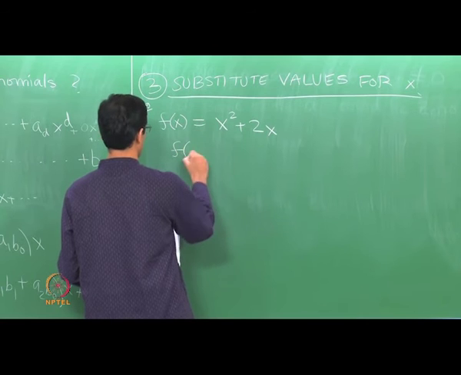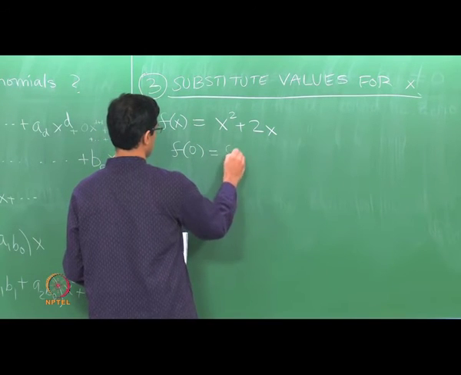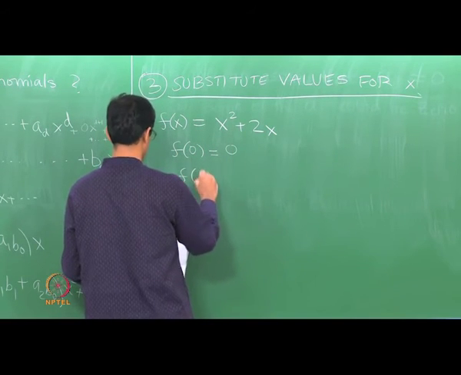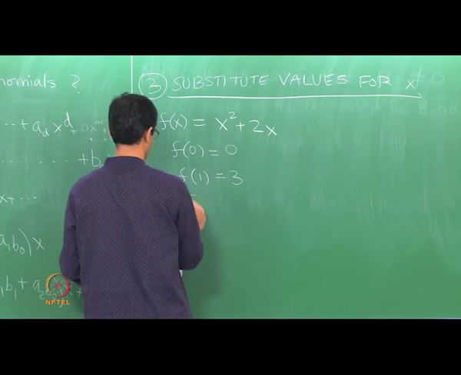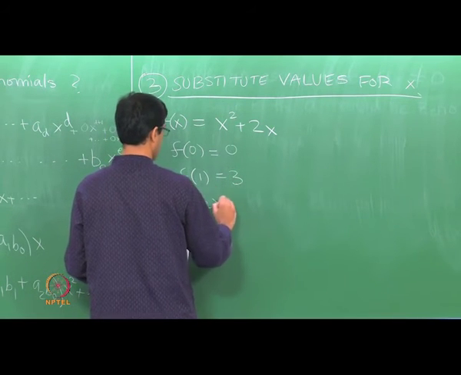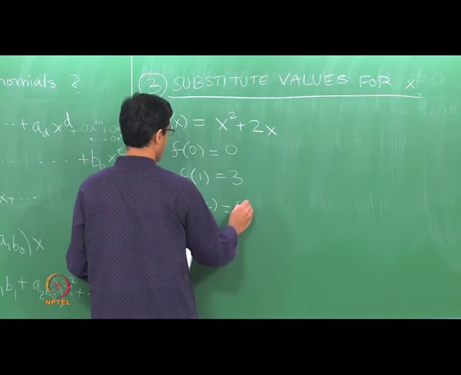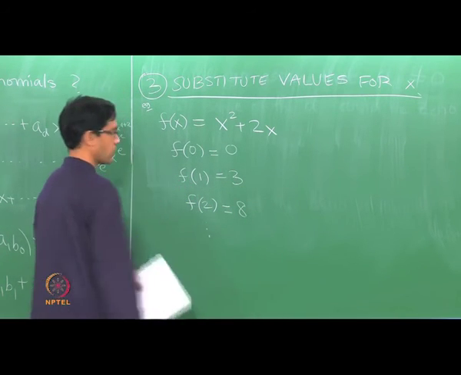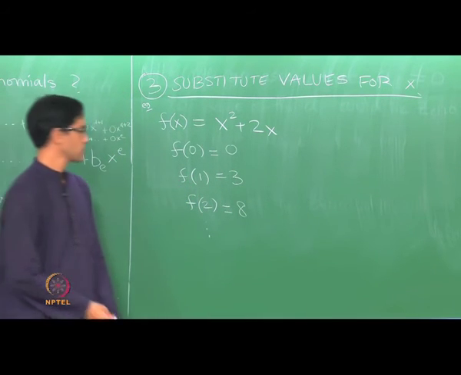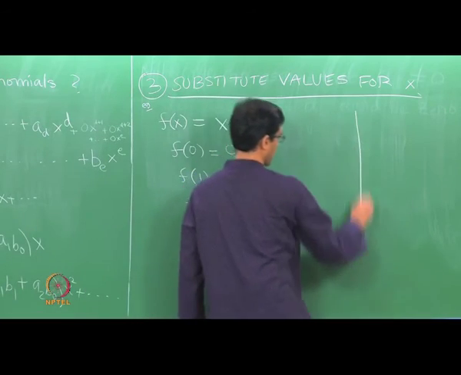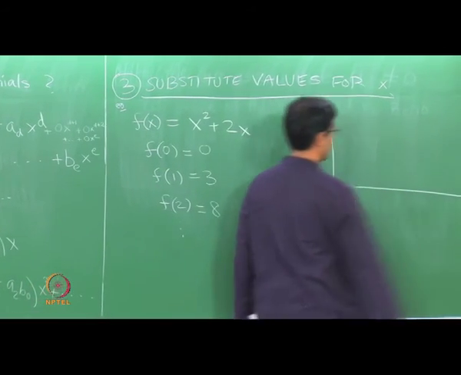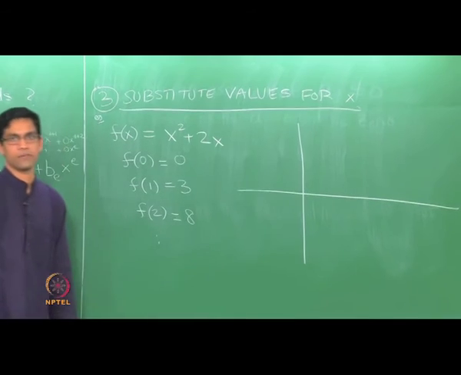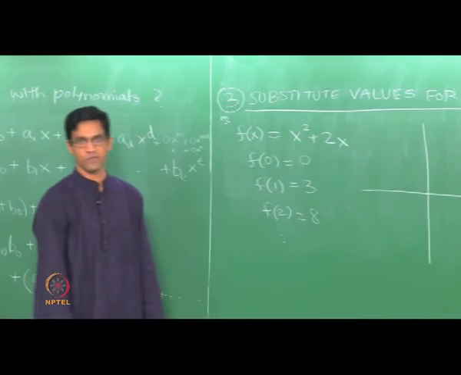For instance if I plug in x equals 0, this gives me 0, if I plug in x equals 1 it gives me a 3, x equals 2 gives me 8 and so on. So I could think of various values for x, and of course the usual graphical depiction of this is the graph of the function.